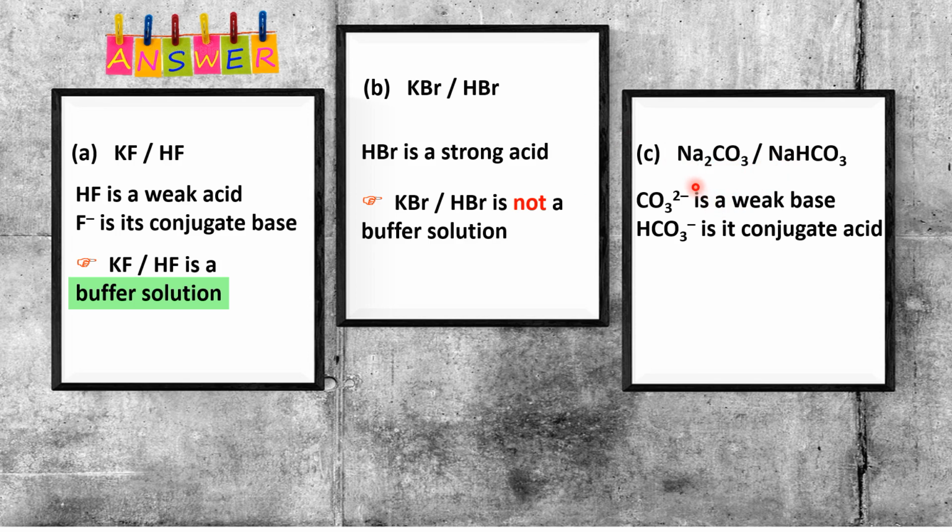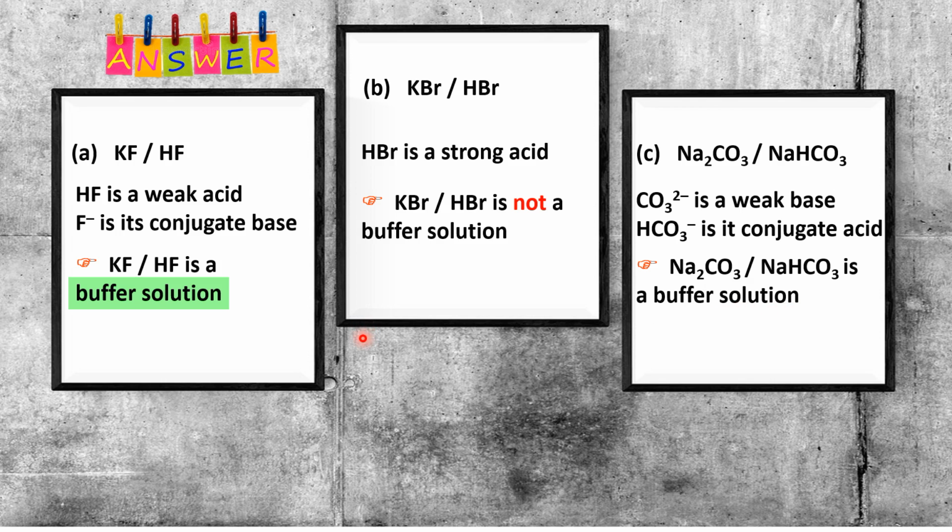The carbonate ion is a weak base, whereas the hydrogen carbonate is its conjugate acid. So it has the combination of a weak base and its conjugate acid. Therefore, the mixture of sodium carbonate and sodium hydrogen carbonate is a buffer solution.